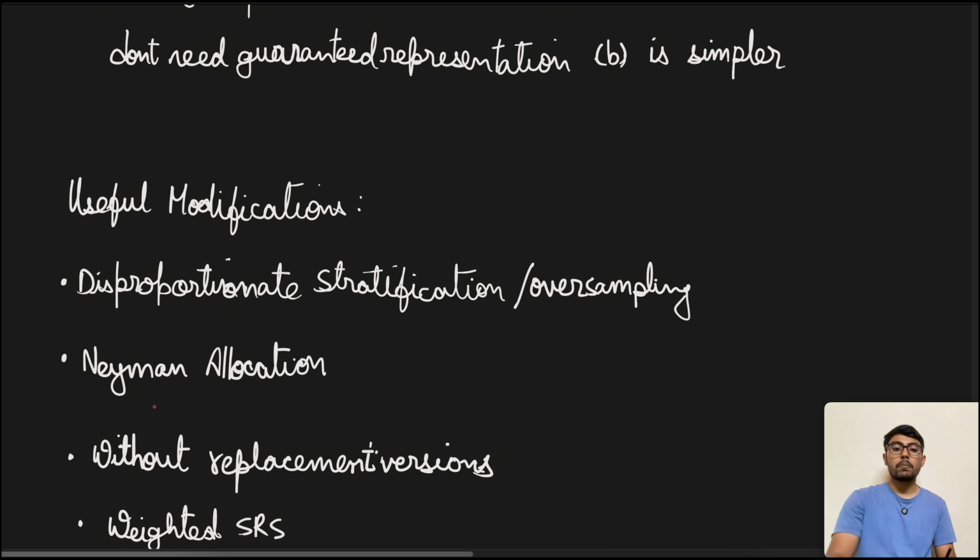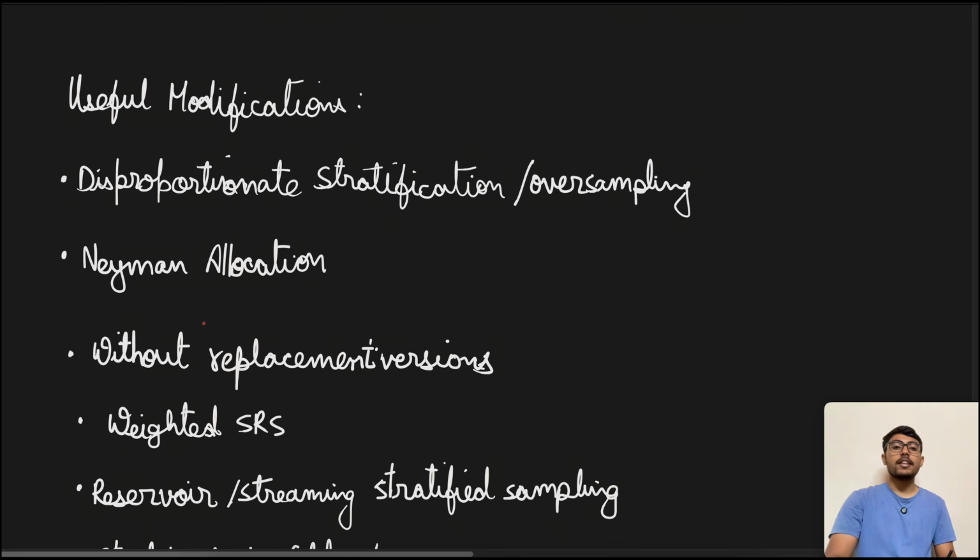Then there are without replacement versions to avoid the duplication scenarios when n is not tiny, and it is quite common in surveys as well. Then there is weighted SRS, where we draw probabilities proportional to their importance. So this is quite common.